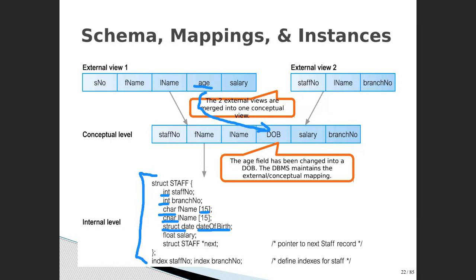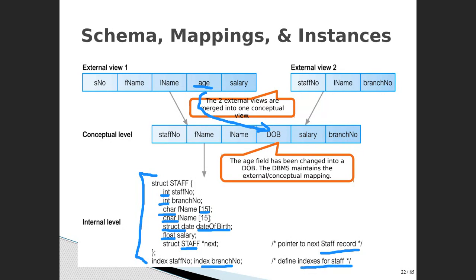Basically, it will be defining all the data structure, the data definition, the data type, all right? And sometimes the index will also be mentioned here. Float for the salary, structure staff. Next, what's the next point to the next staff record? These are also some processes or actions. Index staff number, index branch number, define indexes for staff.